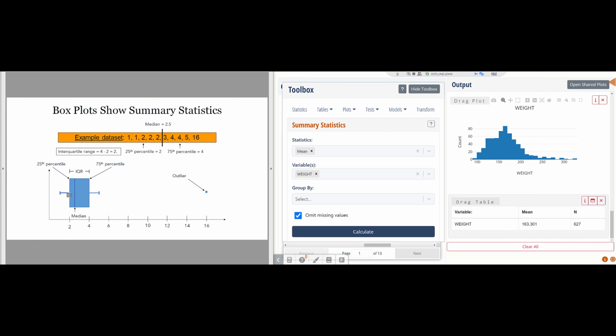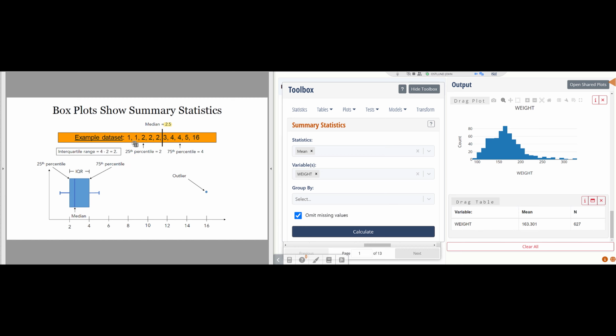Okay, half of the weights are between 2 and 4. Within the box, the median is indicated by a darkened line. So the median, as we remember, was 2.5, the value halfway between 2 and 3 here. All right, so the median is not right in the middle of this interquartile range. It's closer to the low end of the interquartile range.